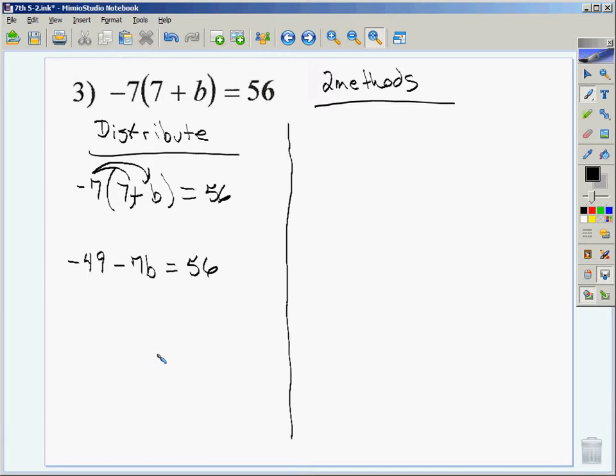Everybody okay with what I did for the distributive property? I'm trying to get b by itself, so I'm going to get rid of this negative 49. I'm going to add 49 to both sides. Be careful not to drop the negative that's attached to your 7b. 49 and 56 is 105.